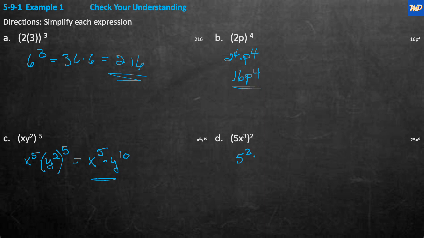So it's x to the 3 times 2, which is x to the 6th power. And 5 squared is 5 times 5, which is 25, and x to the 6th remains x to the 6th. So the answer is 25x to the 6th.